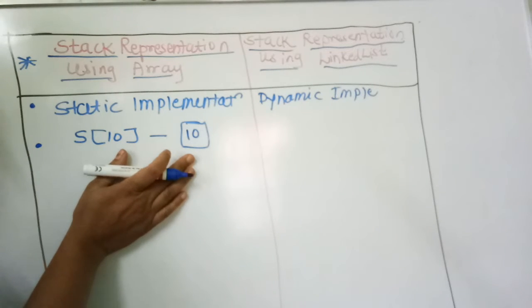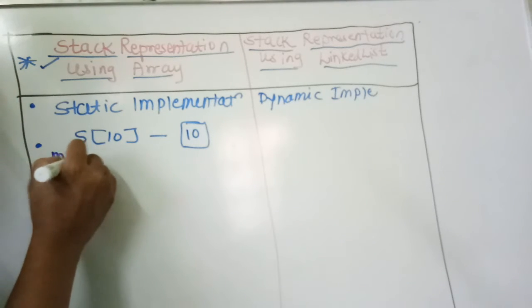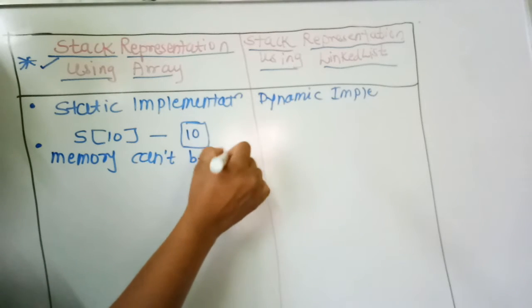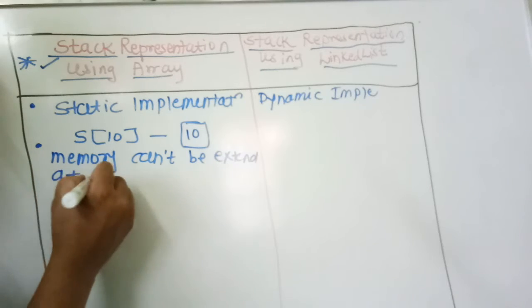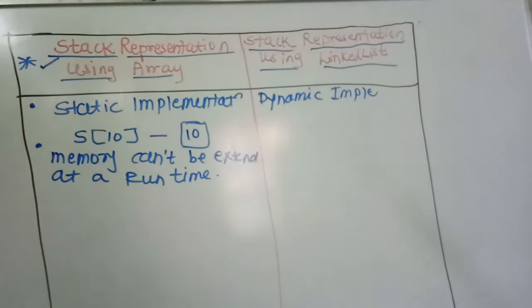It has the fixed size limitation of the array, which is also applicable to the stack. Memory can't be extended at runtime. So this is the basic limitation of the static implementation, or the array implementation, of the stack.